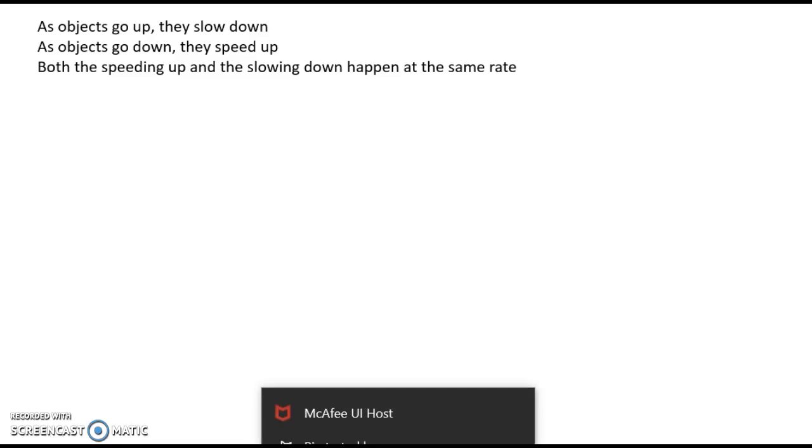All right, let's see if we can think about exactly what that means. It means that if I have an object, let's say it starts at the ground, and I throw it up, and at the very beginning, it's moving at 40 meters per second. It's going to go up, and that speed, that 40 meters per second, is going to change by a rate of about 9.8 meters per second squared.